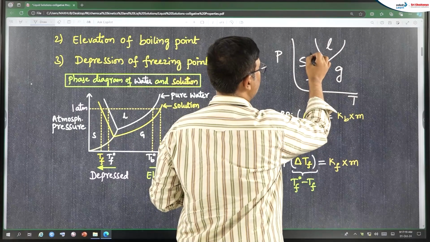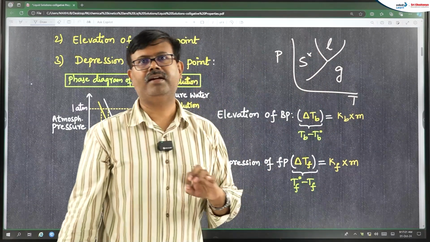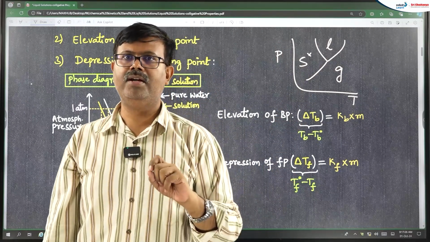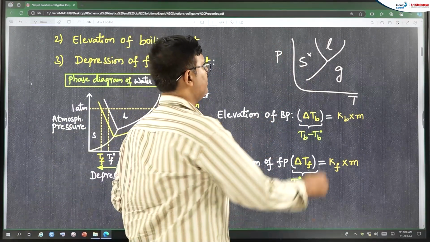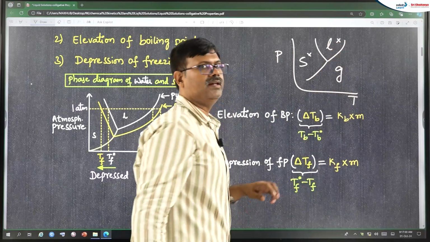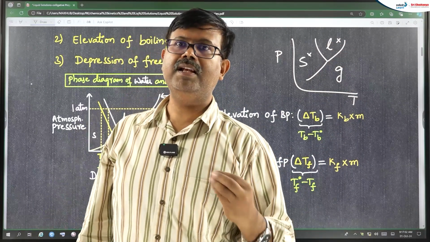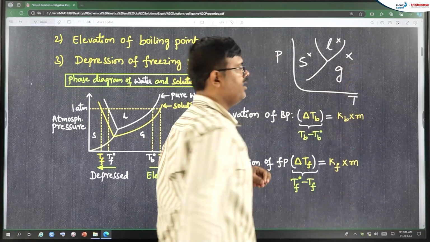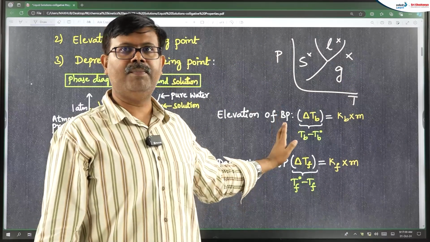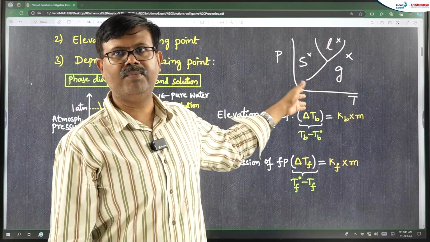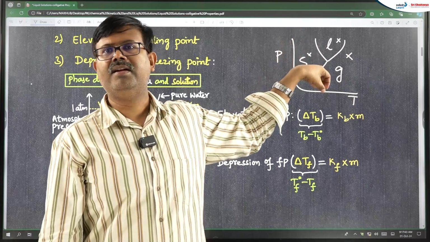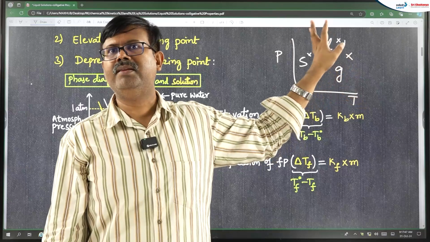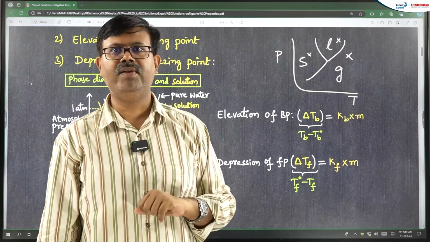See, if you take any point here, at that particular pressure and temperature, the substance, water, will be in the solid state. If you take any point here, then the substance, that is water, will be in the liquid state. If you take any point here, where the x-axis is temperature and the y-axis is pressure, at that particular temperature and pressure, the substance, that is water, will be in the gaseous state. That is the meaning of the phase diagram.